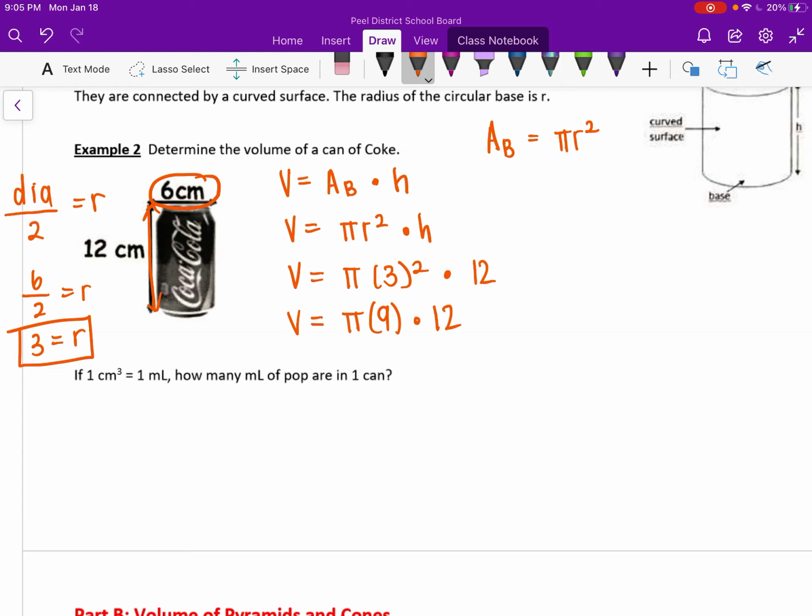I have pi times 9 times 12 will give me, so 9 times 12 is 108 times pi is 339.3.